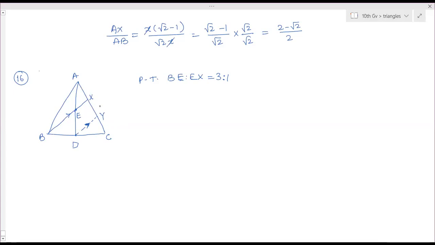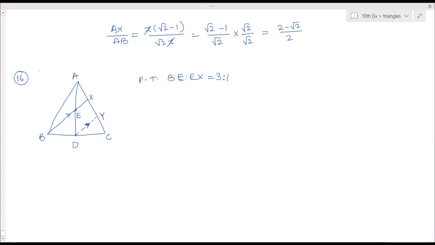First, we have to prove AX, XY, and YC are equal. How will we do it? First, we can write CY by YA equals CD by DB.